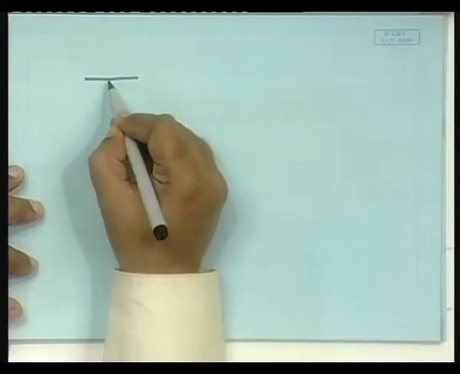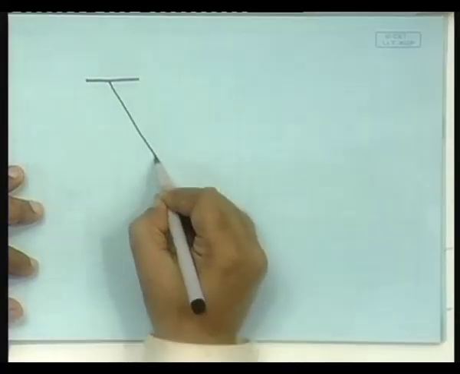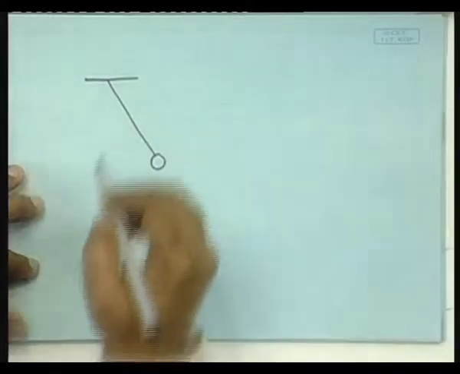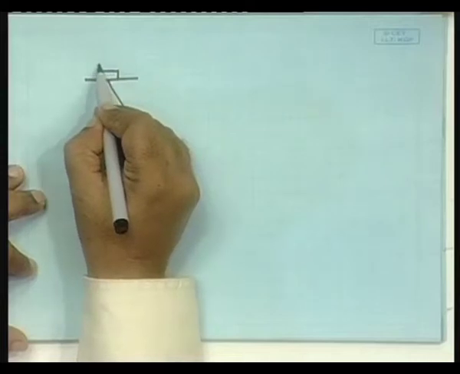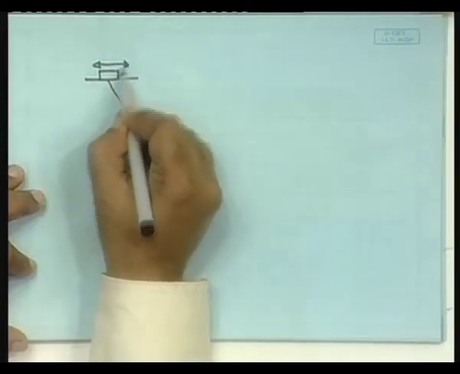Okay, now let us go to a slightly more involved problem. Think of this. Suppose you have a pendulum as before, but here the point of suspension is moving like this.